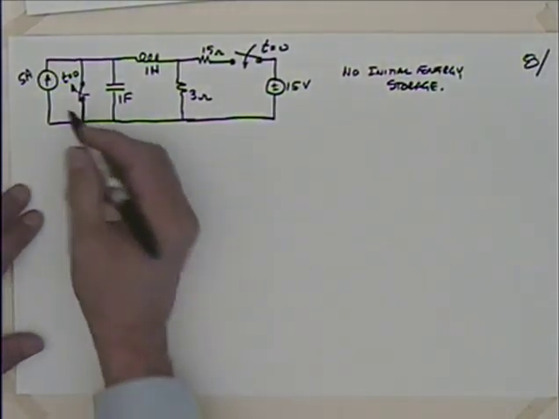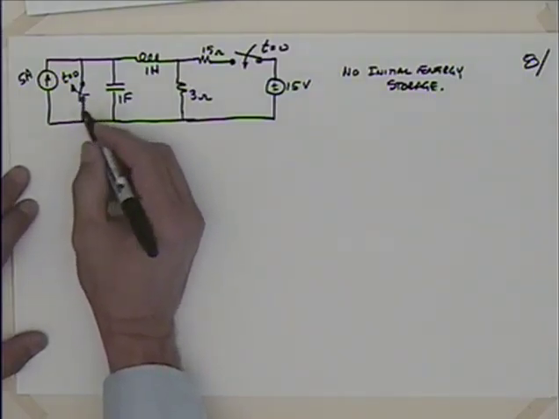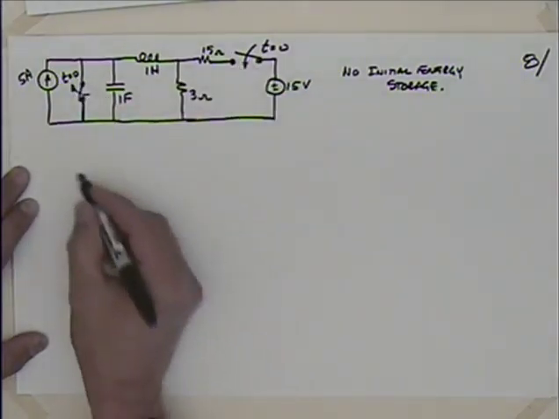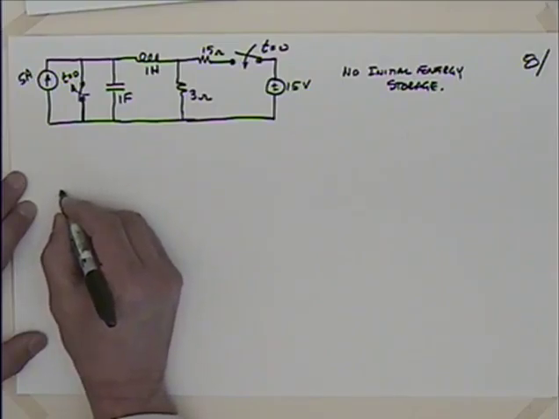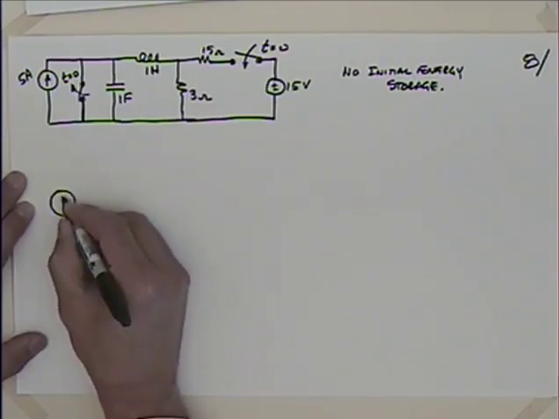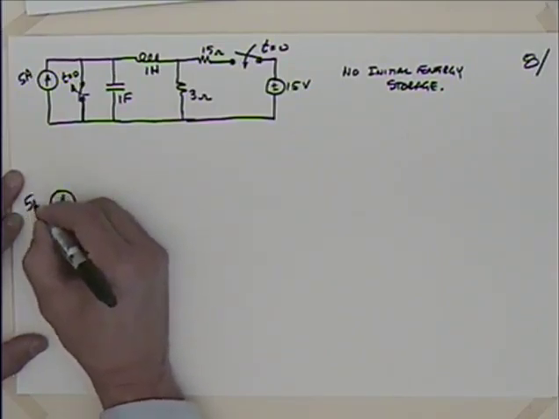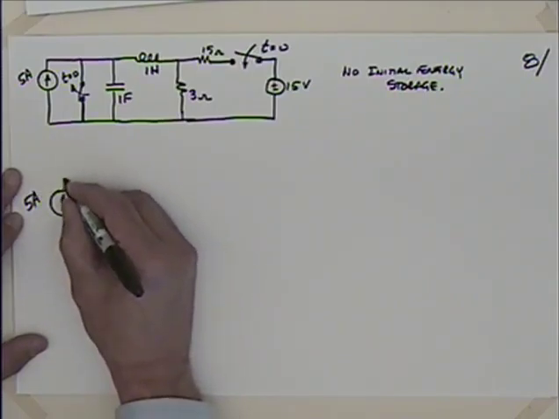Okay, no initial energy storage. So I can go right to the circuit with the switches in place. This one is going to be open, that one's going to be closed. So the circuit should look something like this. I might draw it just a little bit larger because I'm going to annotate it with some currents and voltages.